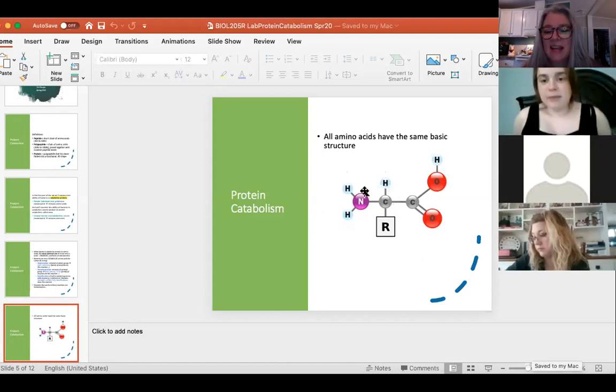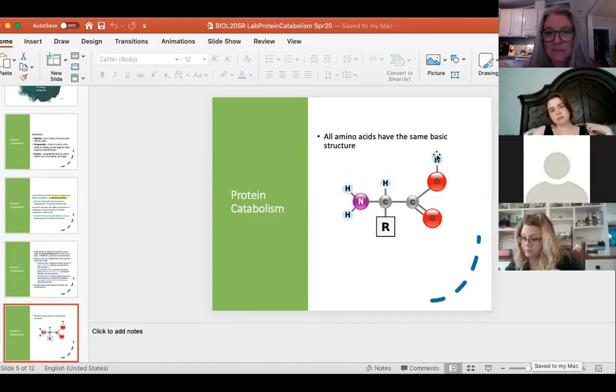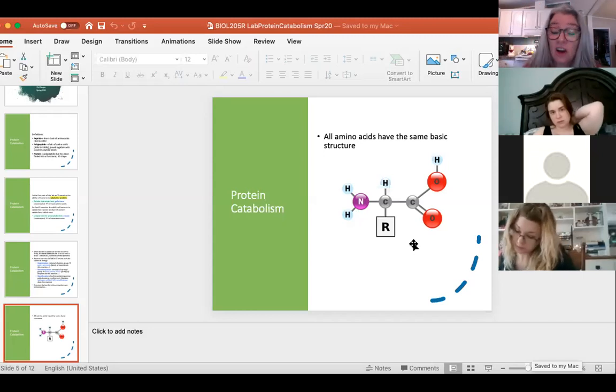That's the NH2. And then what we call a carboxyl group. That's COOH. And then the last thing that's attached to the carbon is the R group, or the functional group.